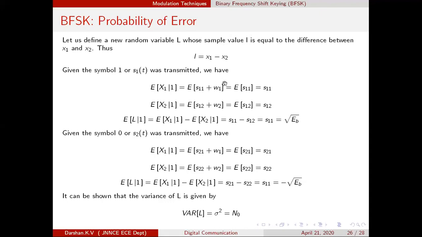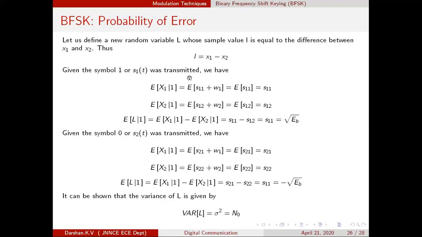Just observe the condition. Some of the lines have not been written; it should be understood by analysis only. All explanations could not be given in the slide. So just hear carefully: let us assume that symbol 1 has been transmitted.